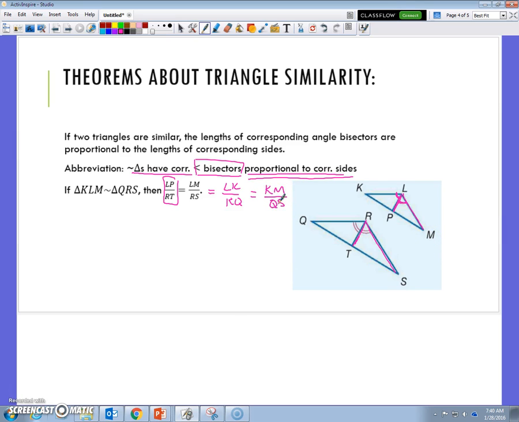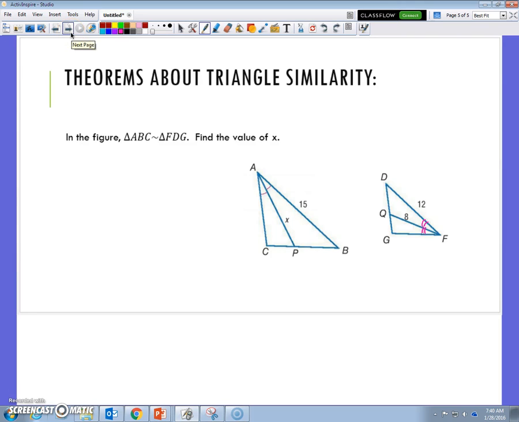All right, and so if I know that these are similar through angle or from whatever, and I know I have an angle bisector, I can also put that ratio in with my similarity statement. So just make sure that, like I said, I think they forgot to annotate that these were equal angles. So it looks like angle A is being bisected because it has two equal angles, as well as angle F is being bisected. They have two equal angles.